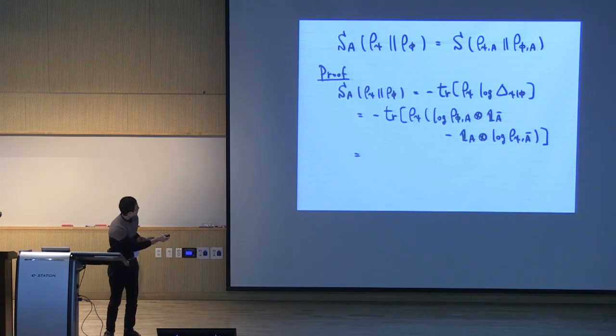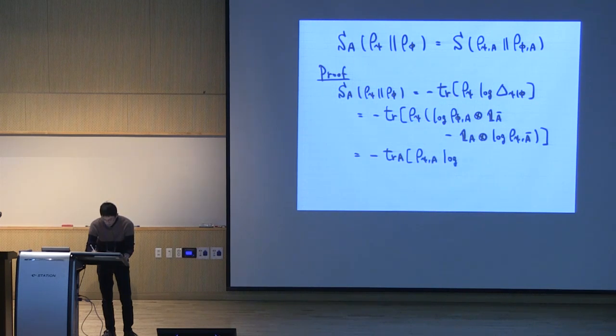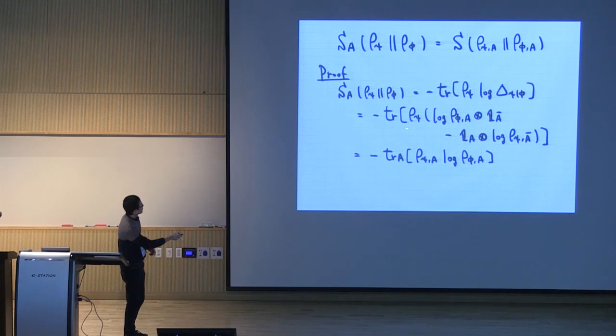So the first part reduces to minus the trace over A of the reduced density matrix, taking a partial trace over A bar.